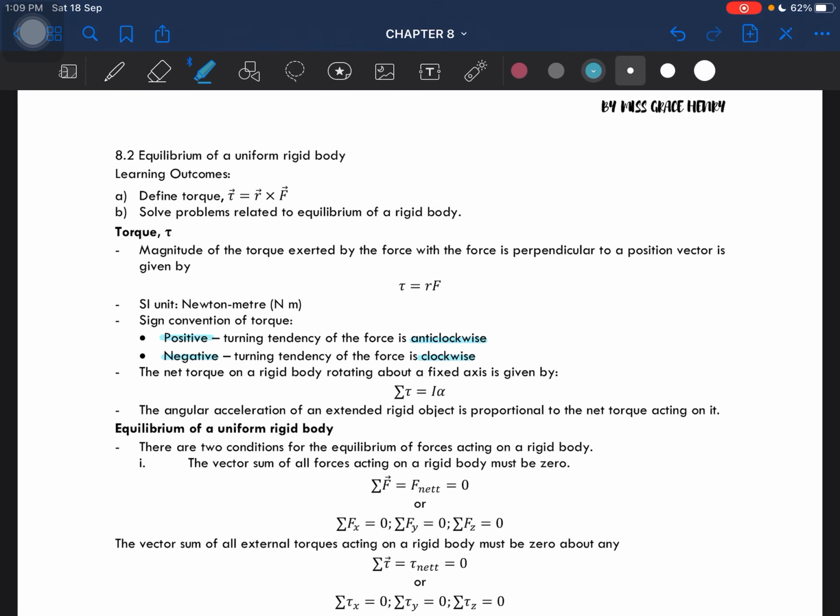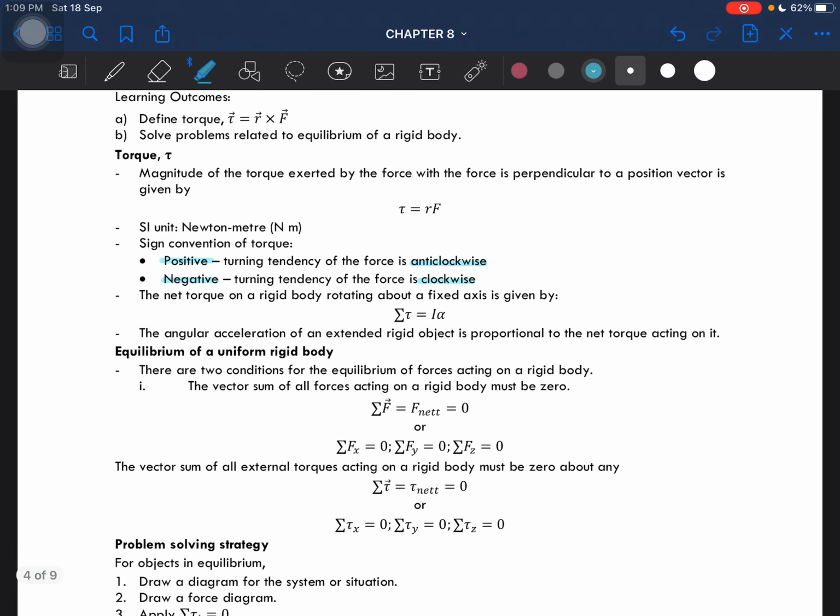And then the net torque on a rigid body rotating about an axis is given by this formula here. This is actually similar to F equals ma, more or less like that, but instead of linear, this is for rotational movement.